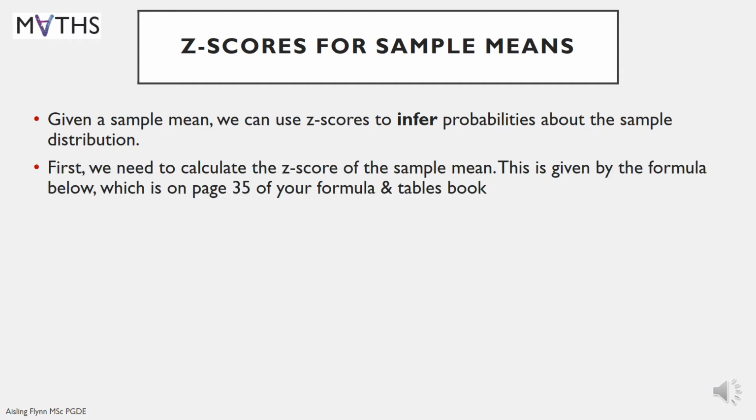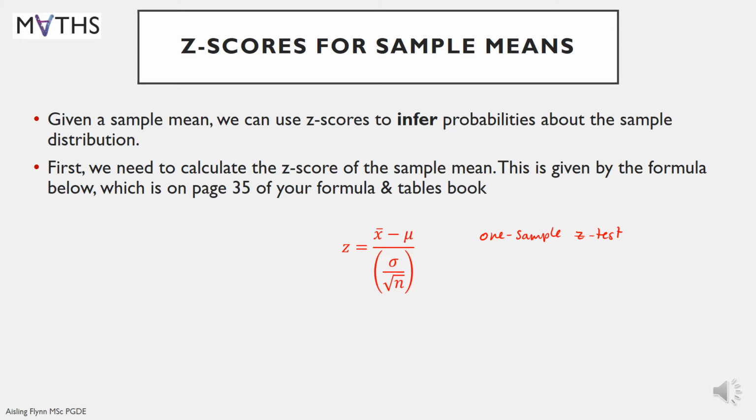First we need to calculate the z-score of the sample mean. This is different to when we were working with the full population. This z-score formula is given below, which is on page 35 of your formula and tables book. That's what it looks like, and it's called a one sample z-test.